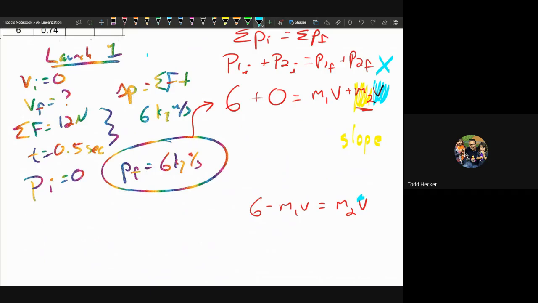So x-axis, slope, y-axis. My y-axis is actually going to be 6 minus m1 times v. My x-axis is going to be the velocity after the collision, and then my slope will give me the mass, won't it?